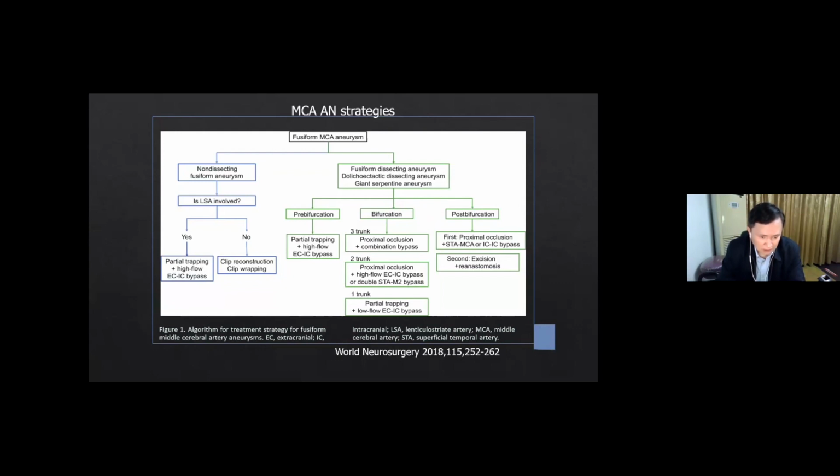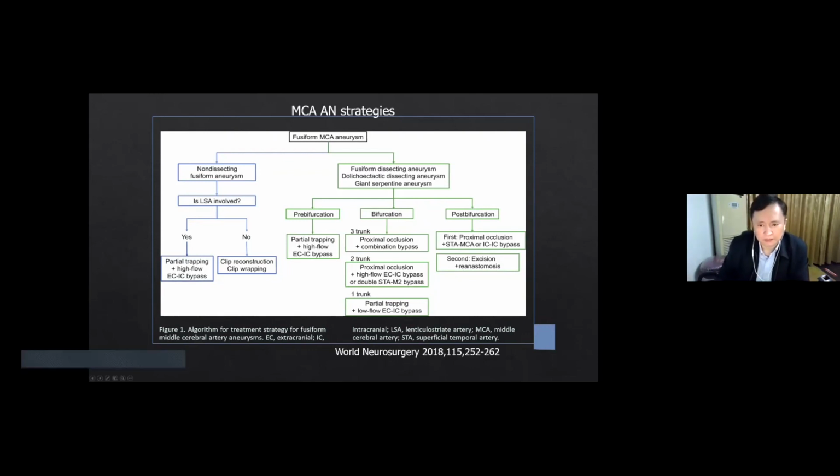I think wrapping is very important if 300 degrees of the vessel wall is involved by the aneurysm. So we can use fenestrated clips. I call it outside-of-the-vessel stenting. If you use 2 or 3 of these fenestrated clips, the vessel wall can't expand anymore.